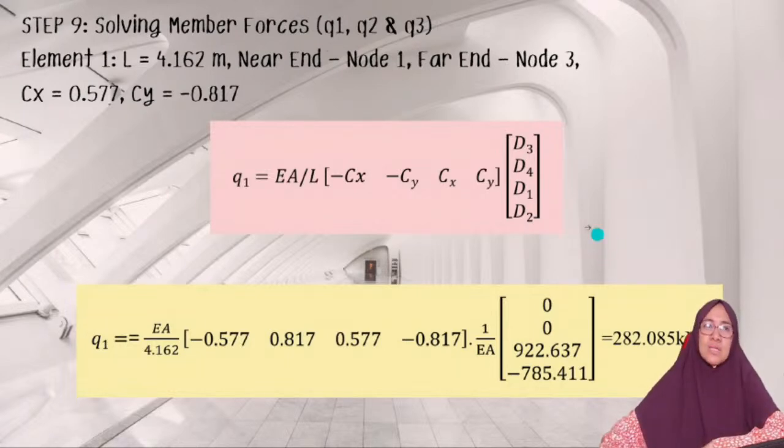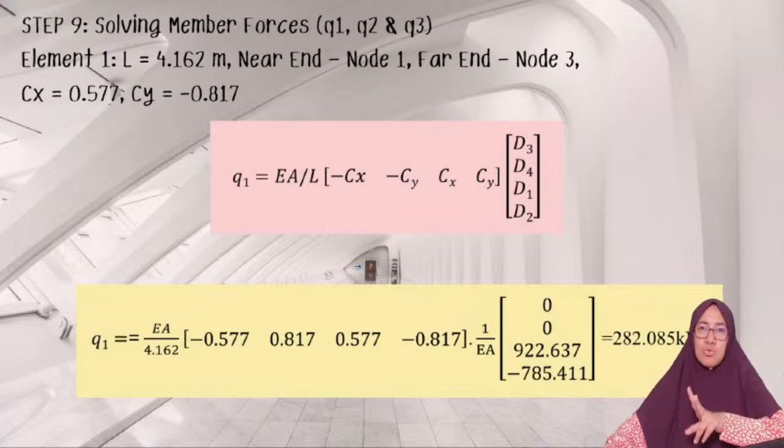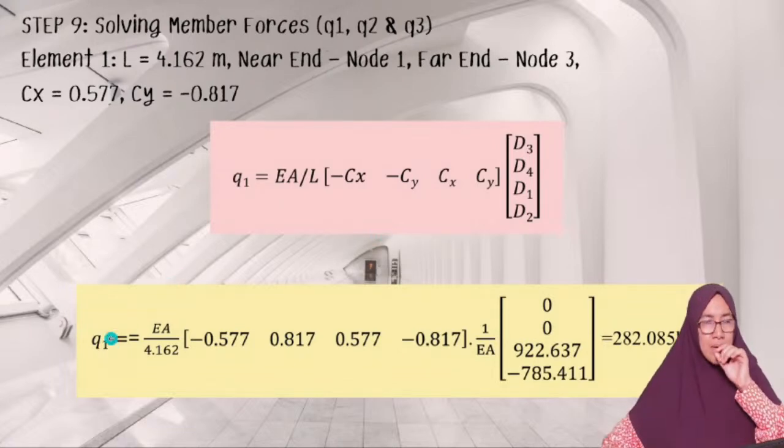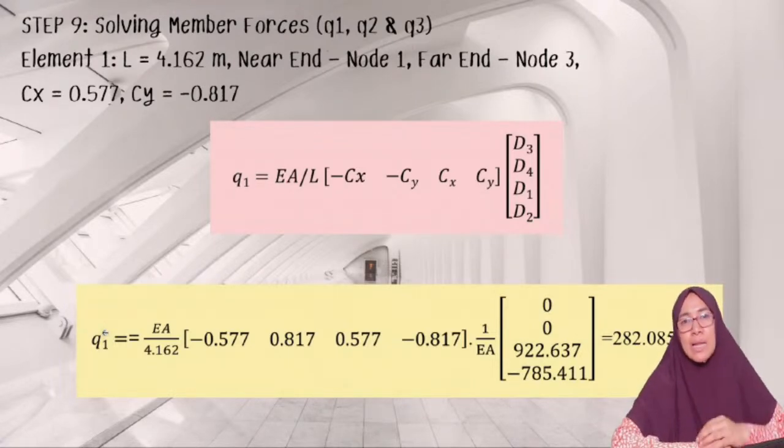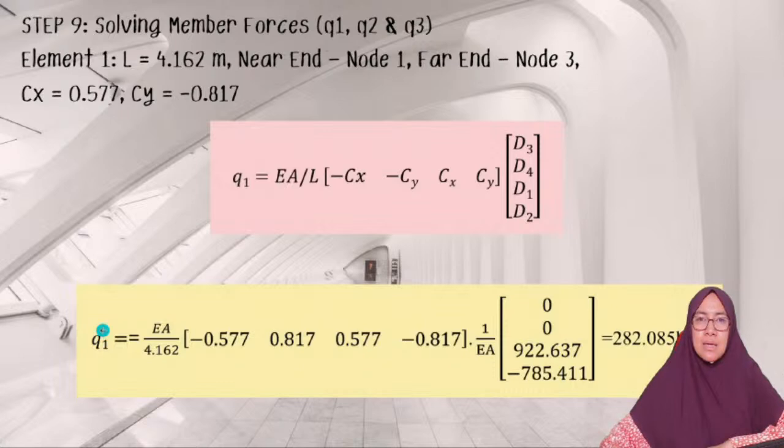So for member forces, we have to apply this formula. Since there are two members, we have Q1 and Q2, and the member forces are for the element. The member forces mean Q for element. That is why here we again use the small letter.